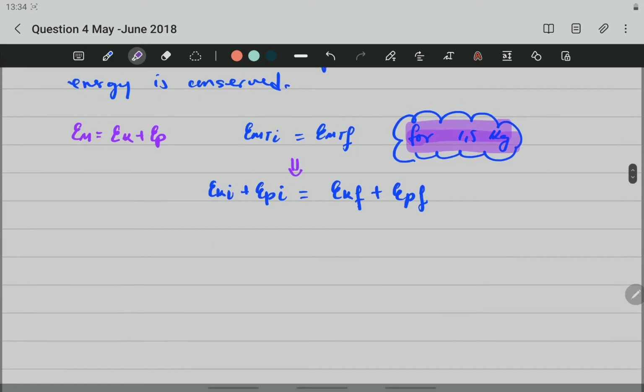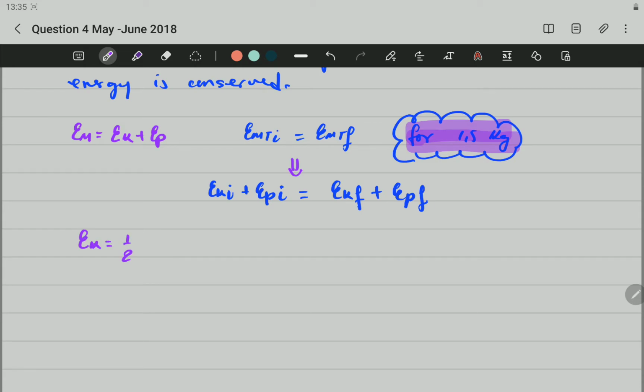Okay, now also recall from grade 10 that kinetic energy is equal to half the product of mass multiplied by the speed to the power 2, and gravitational potential energy is equal to the product of mass multiplied by acceleration due to gravity multiplied by the height.